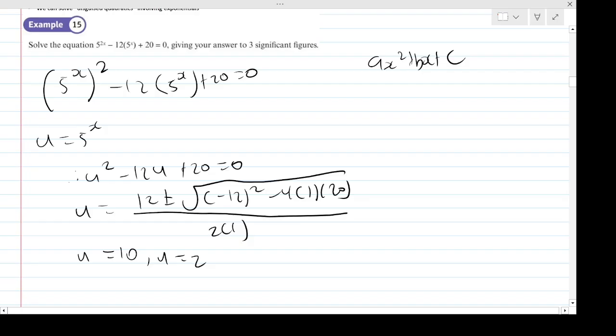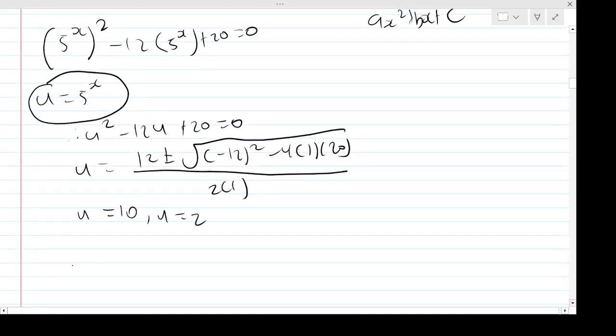So that's the solution to u. But remember, I want to solve for x. So I need to convert u back into x using this substitution. If u is 10 or 2, then that means 5 to the x is 10 or 2.